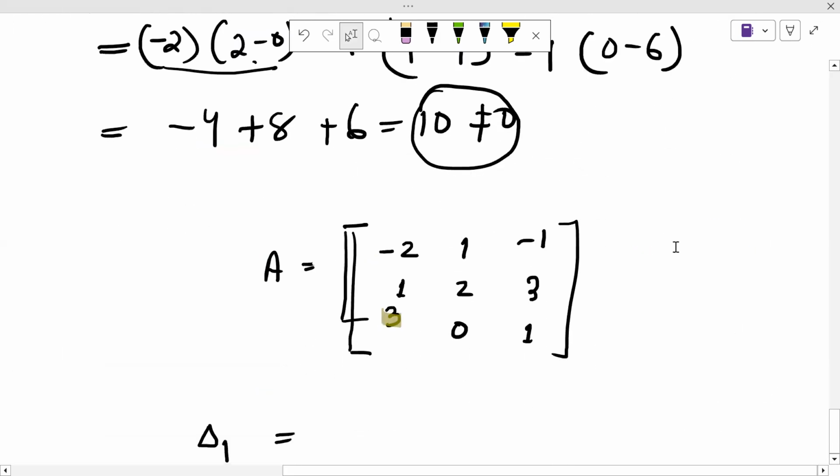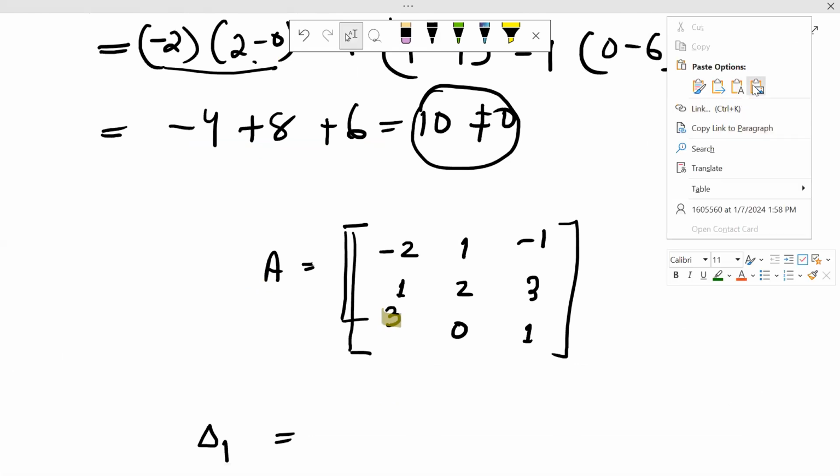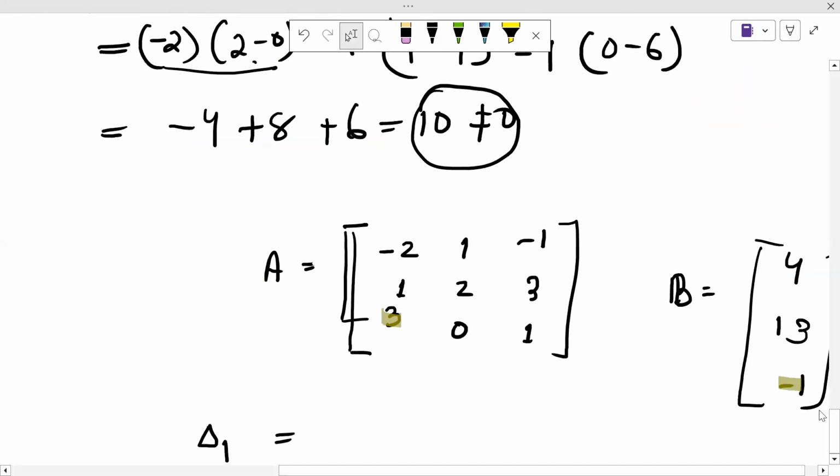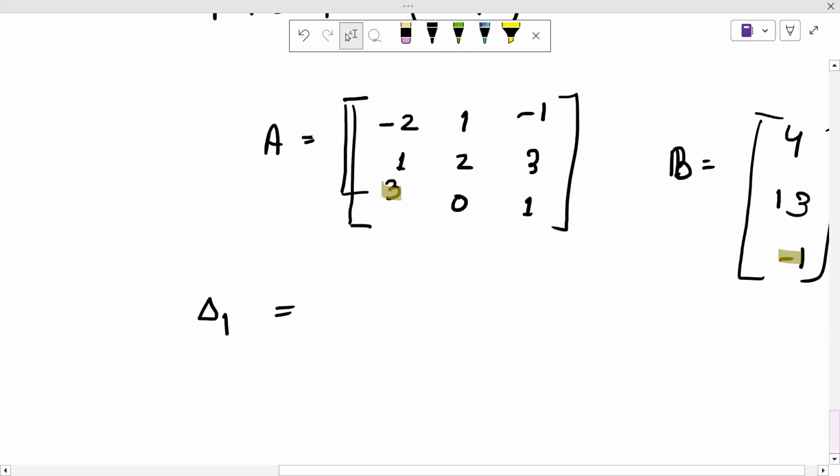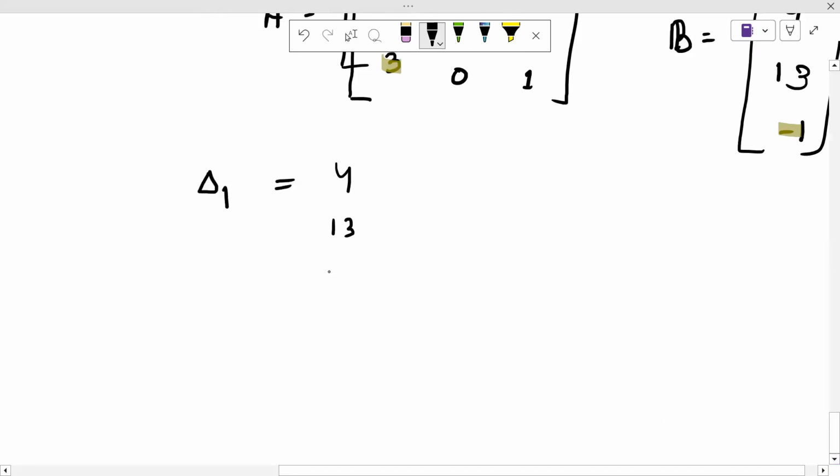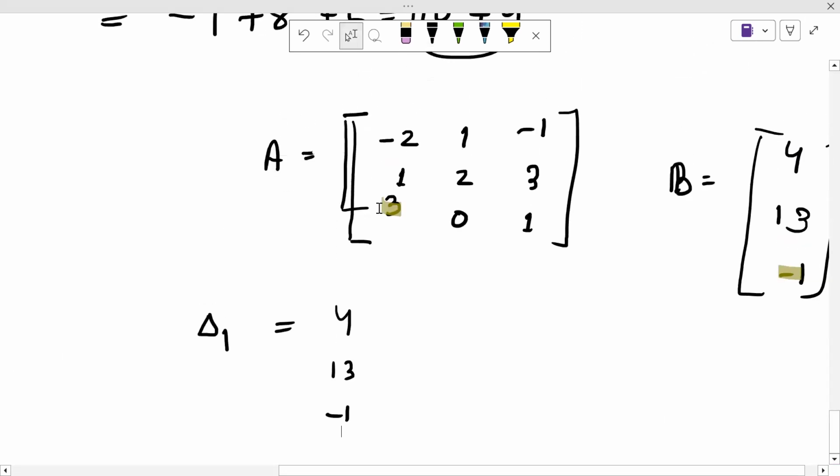We just replace that value. So I write 4, 13 and minus 1. Then the next value 1, 2, 0.